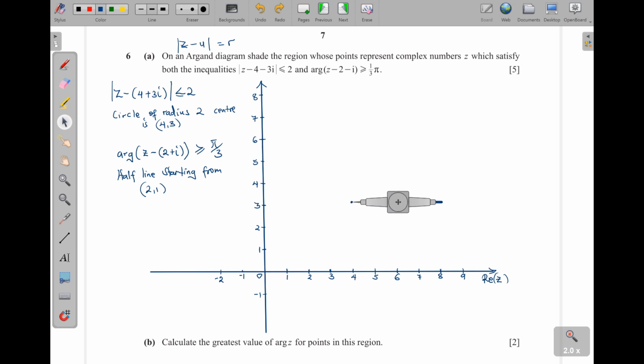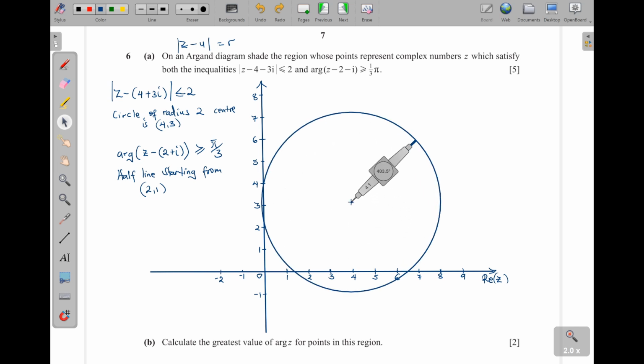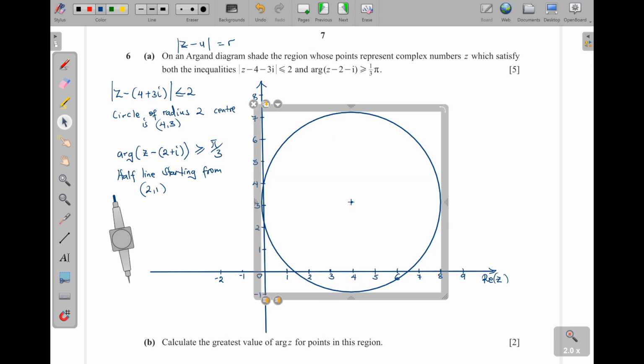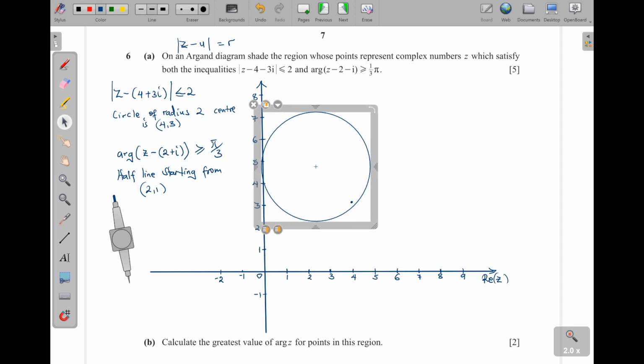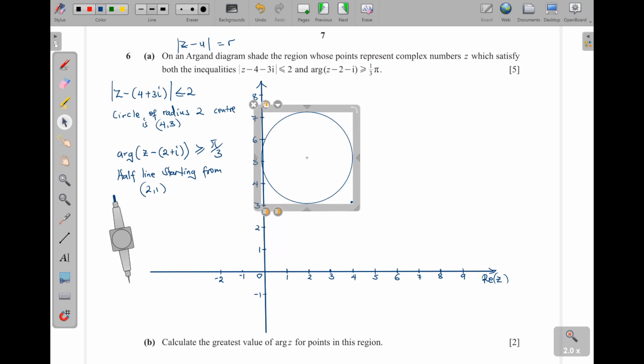So I put the compass here at the center, which is 4, 3, like that. Okay, and then we draw. So I draw that circle. I'm going to diminish this one here. My software allows me to do that. I can diminish it until we move 2 units everywhere.